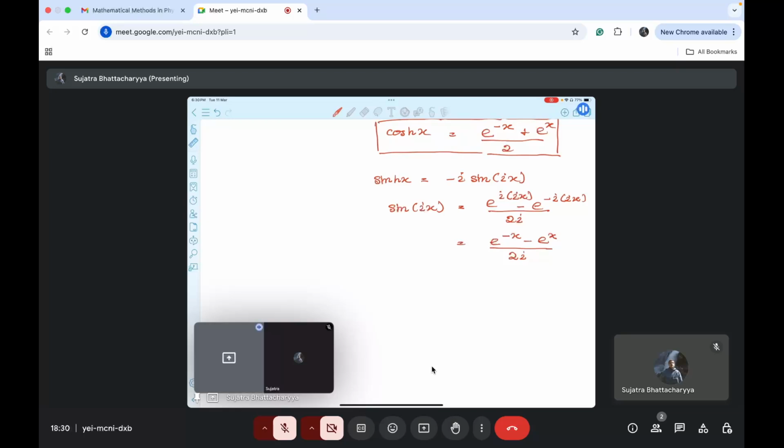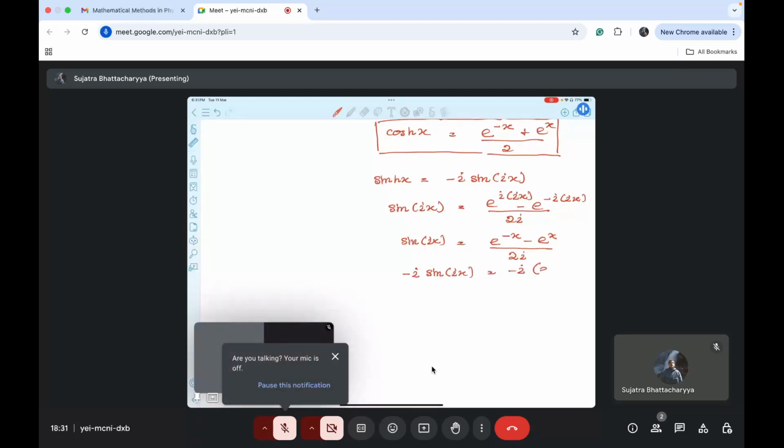Okay, so this is sine of iota x. But we have to multiply with minus iota in order to get the hyperbolic function. So it becomes minus iota times e to the power minus x minus e to the power x divided by 2i. So i cancels, negative can be multiplied inside.